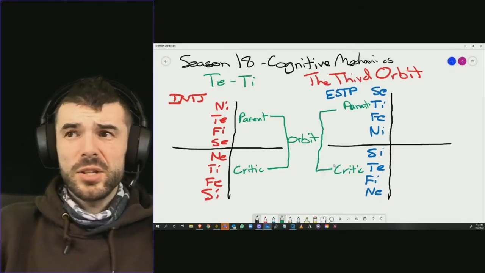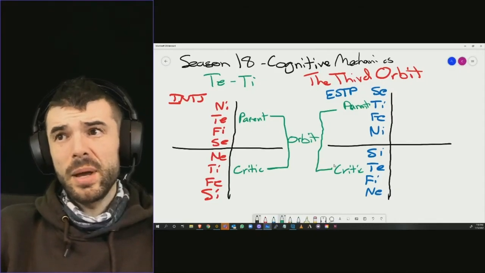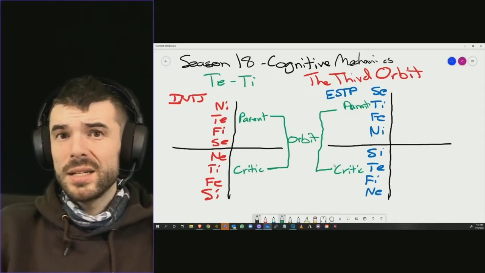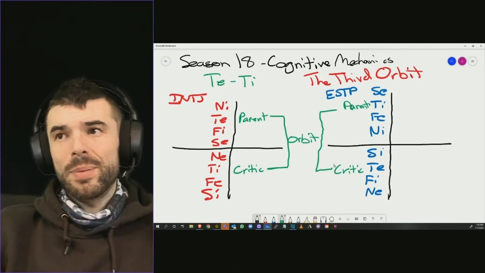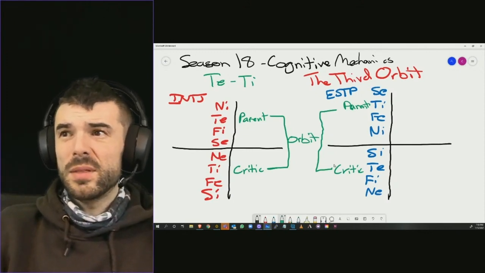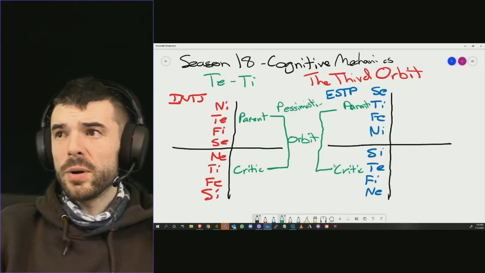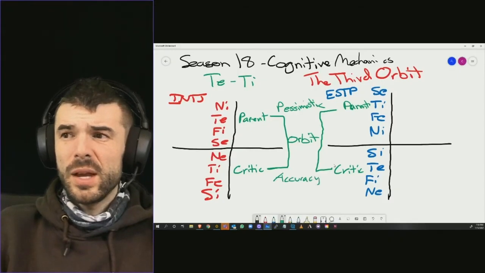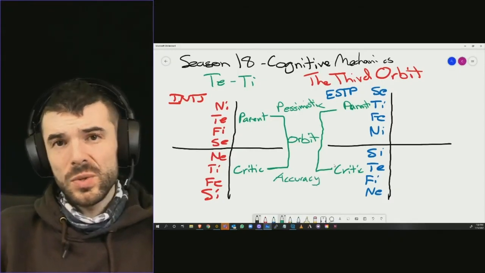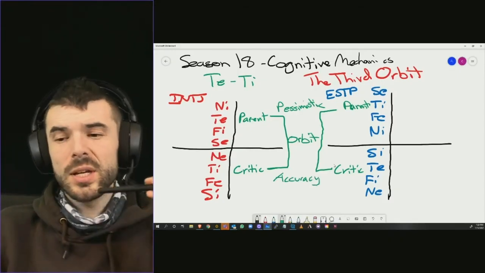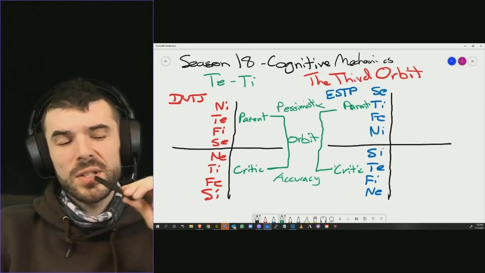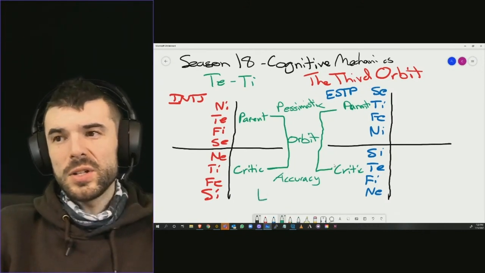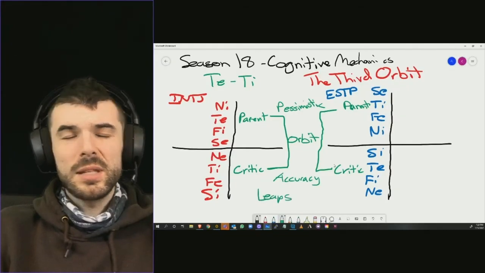The reason why is when you have a function in the parent function slot, necessarily, because of how pessimistic these functions are, they're very, very pessimistic. They are sharper. They have higher accuracy as a result. They're not being too optimistic, because optimistic functions tend to make leaps.